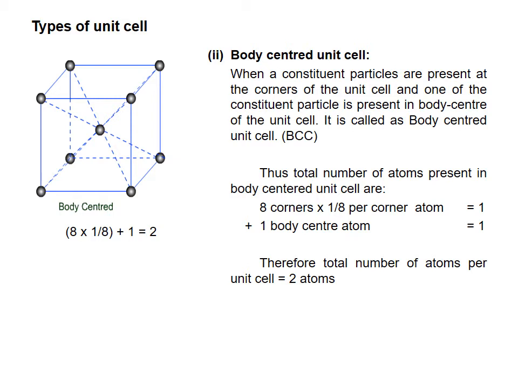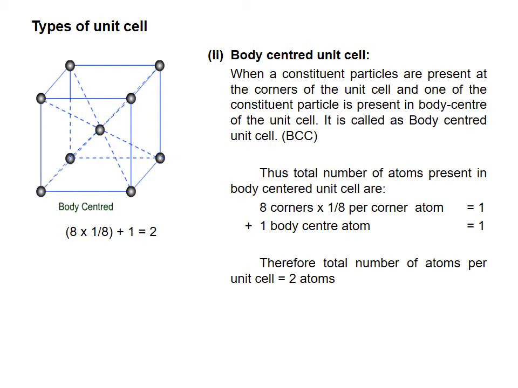So each corner has 1/8 part of an atom, whereas the atom in the center of the unit cell is not shared by any other unit cell. So that atom is completely considered part of the unit cell.